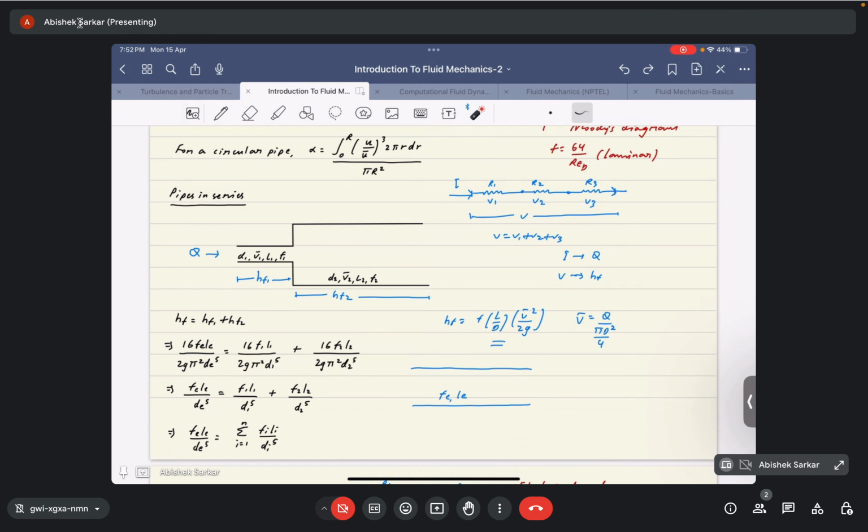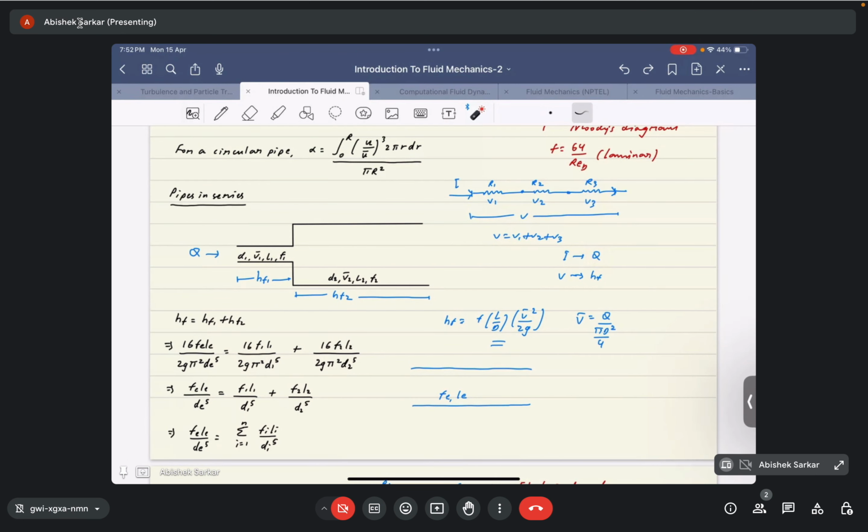Okay, so in the case of an electrical circuit, if you are trying to find an equivalent relationship or analogy, then the current I can be considered to be equivalent or similar to the volume flow rate, and the potential difference between the resistances or between the two ends of the circuit can be considered as the net head loss.